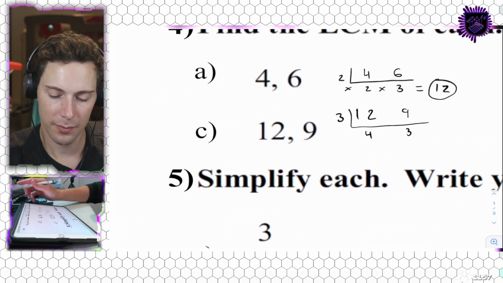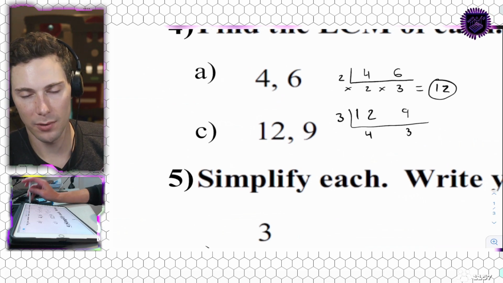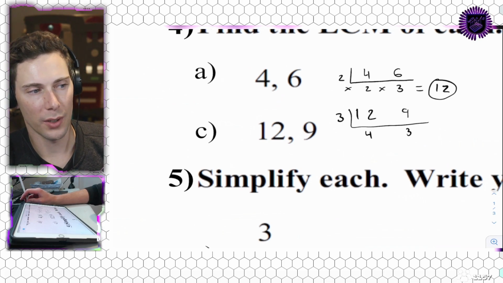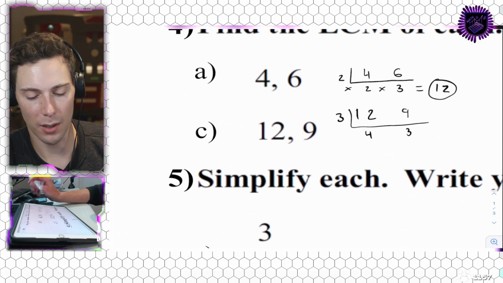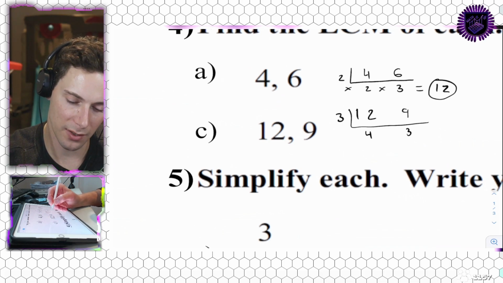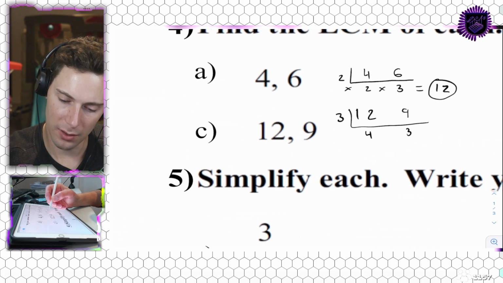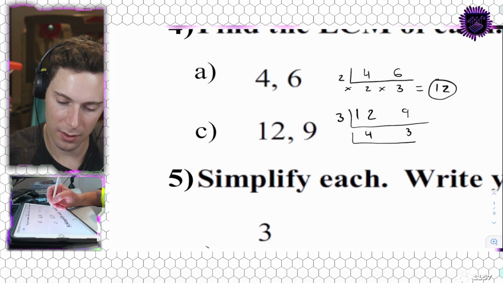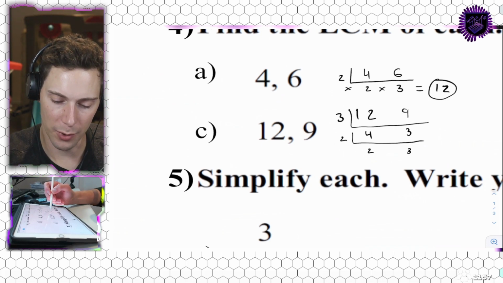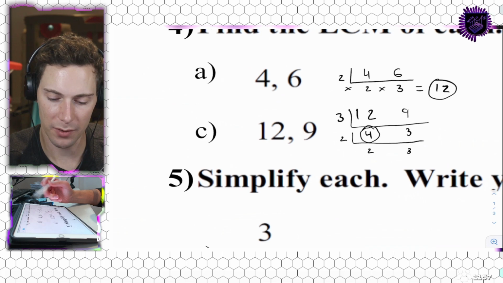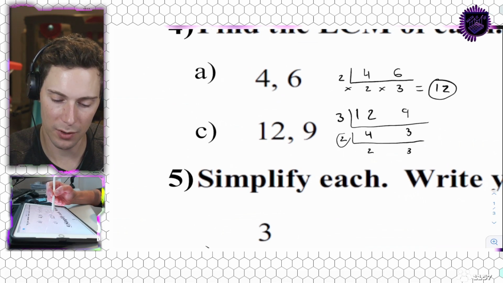Now, I think actually in this example, it's going to work out to the same thing, regardless of if I do this step or not, because 4 is not prime. But if I go divide by 2, and that's 2, and we drop down our 3, I've now broken this 4 up into its primes, which is 2 times 2.